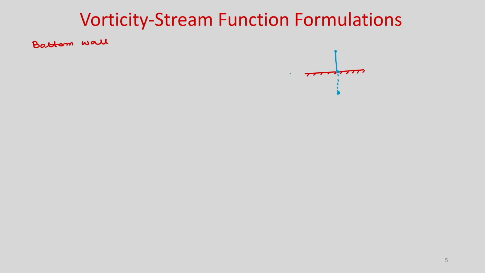So, this is your j is equal to 1. So, it will be I 1, this is your I 0 and this is your I 2. I 2 is the interior point, I 1 is on the wall, and I 0 is the fictitious point outside the boundary.